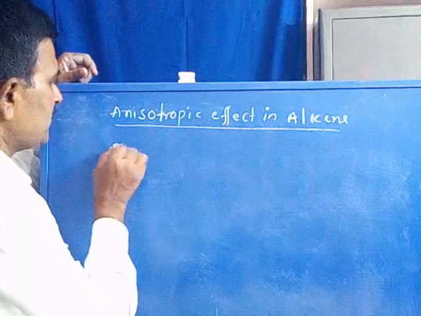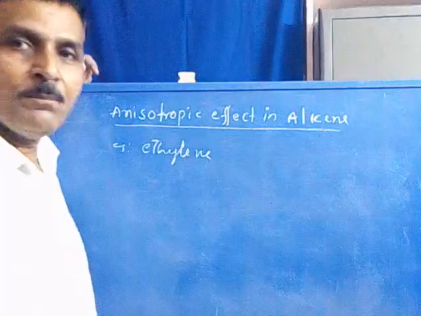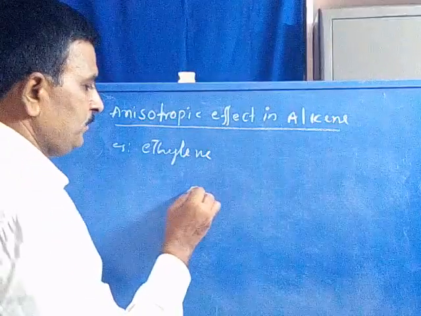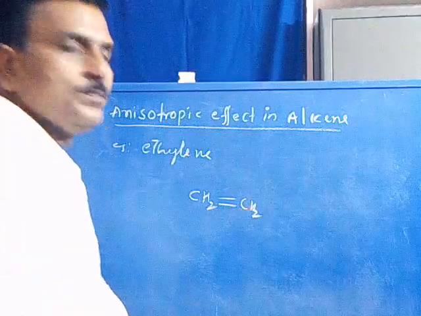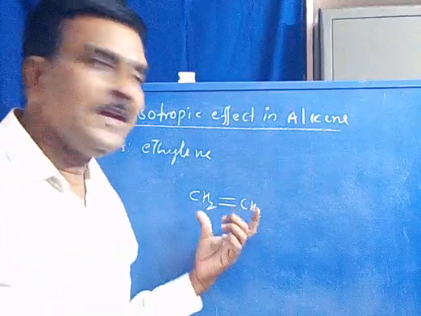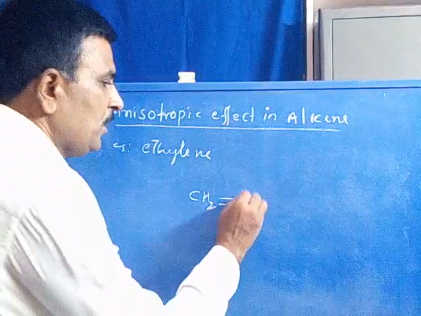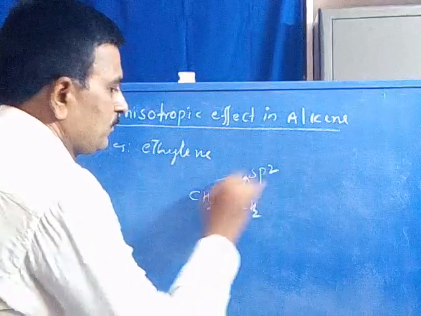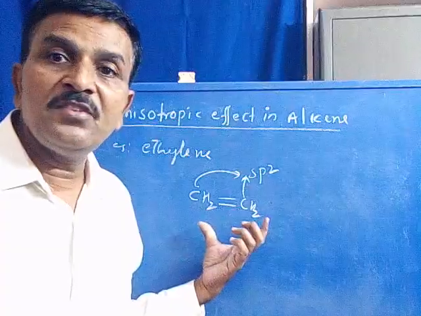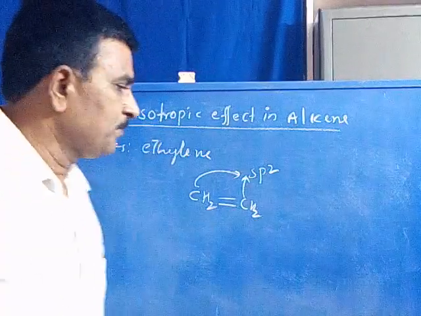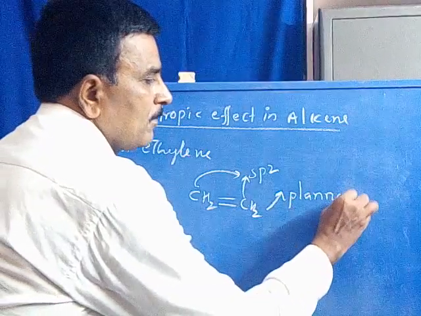Consider ethylene as an example, CH2=CH2, where the alkene group consists of two sp2 hybridized carbons. Both carbons are sp2 hybridized, hence its geometry is planar.